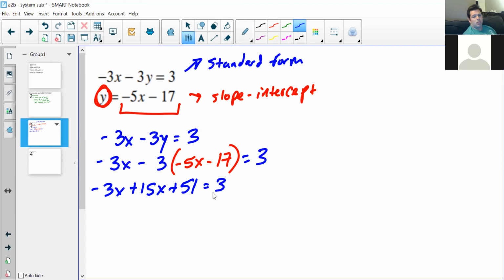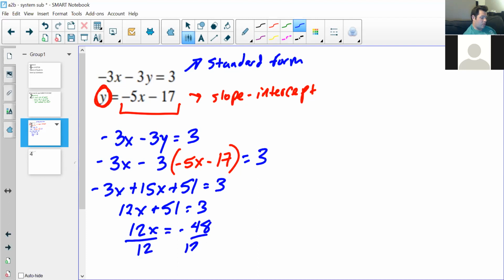And we're still equal to 3. And again, I'm going through this process now. I'm going to combine like terms on the left side. And hopefully this is all just a little bit of review for you. I'm going to subtract 51 from both sides, that inverse operation, get negative 48, divide by 12, and we get x is equal to negative 4.